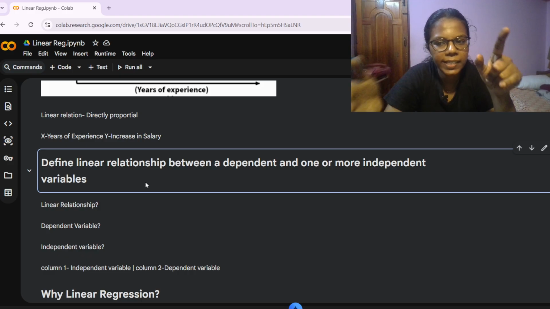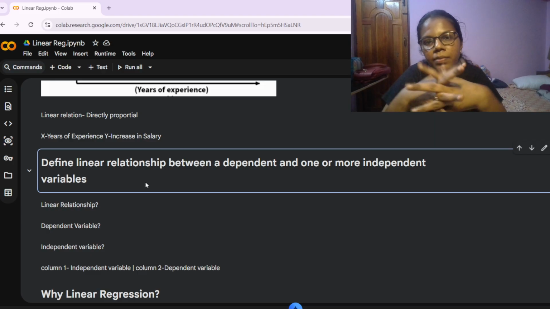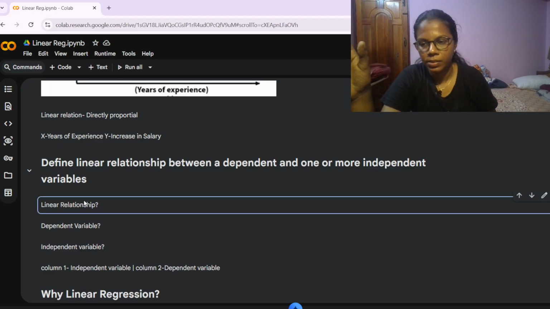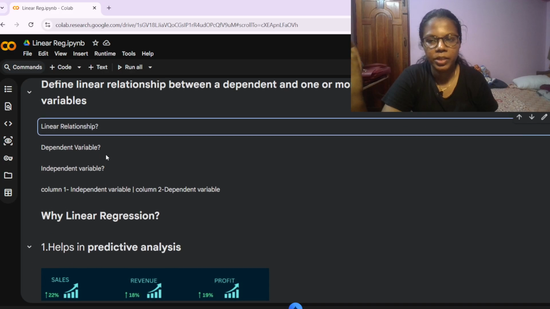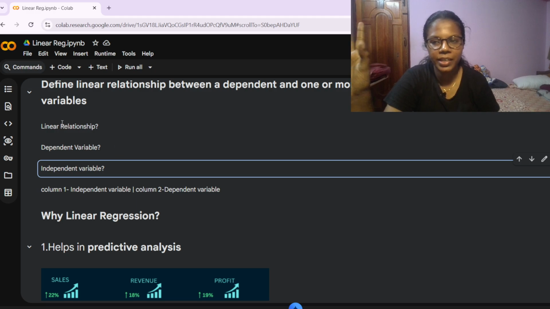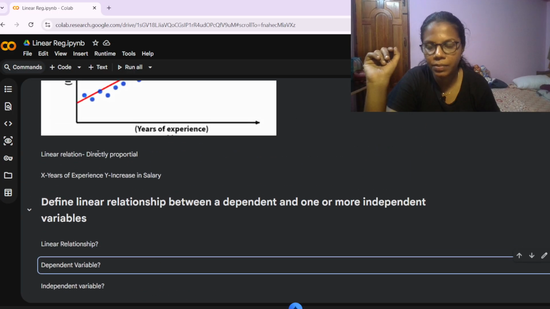Now, what is an independent and what is a dependent variable? What does it mean, first of all? For this question, I believe you got the answer. But if you understand what dependent and independent variables are, you can clearly give the answer for linear relationship. Let me make it easier.